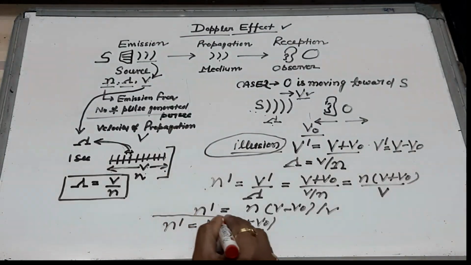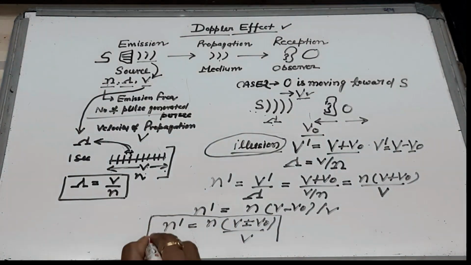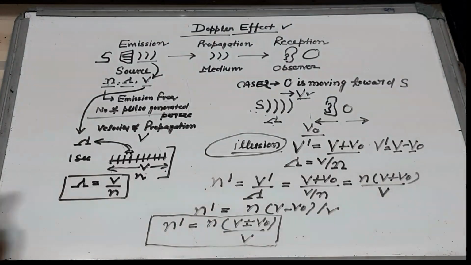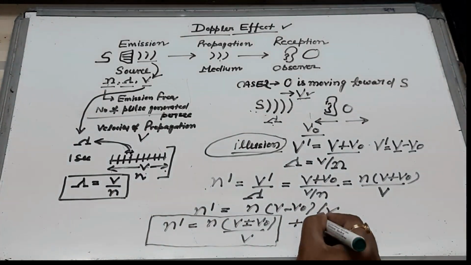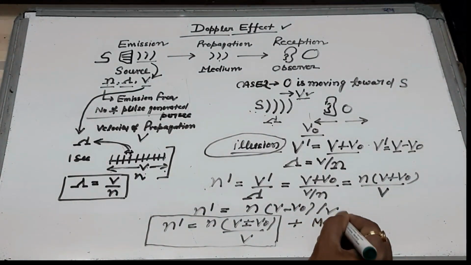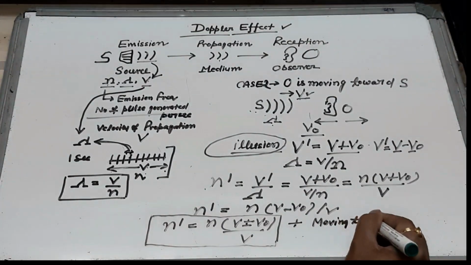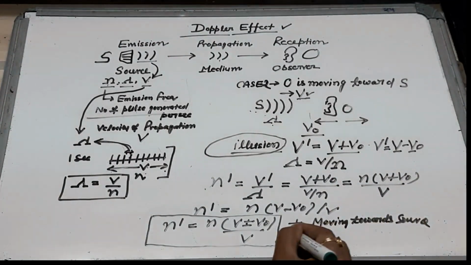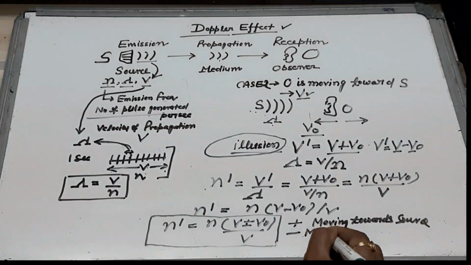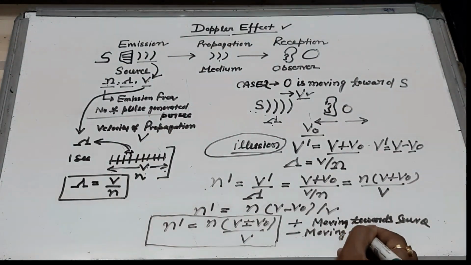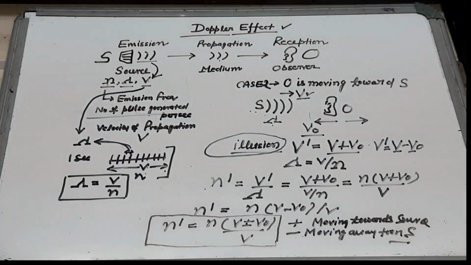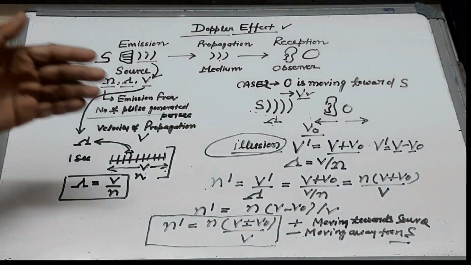This is the effective frequency you will get when the observer is moving towards or away from the source. And what is the sign convention? If it is plus, means moving towards source. And if it is minus sign, means moving away from source.